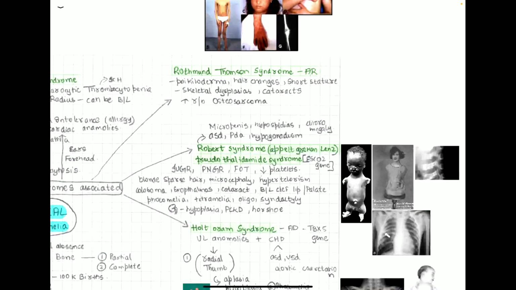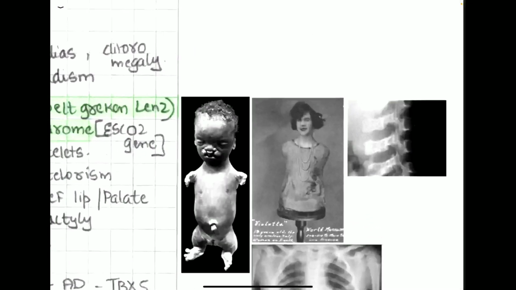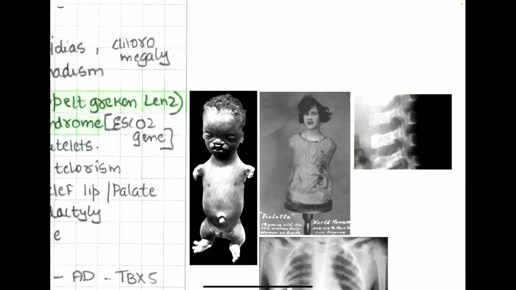Skeletal anomalies: phocomelia is also caused by Roberts syndrome, so that's why it is called pseudo-thalidomide syndrome. Then there can be tetraamelia. Tetraamelia is complete absence of all the limbs, both upper limbs and bilateral lower limbs. The patients can also be associated with asymmetrical limb reduction.